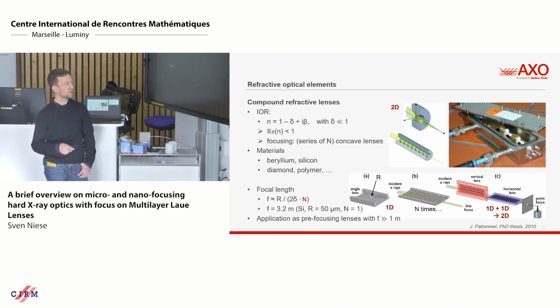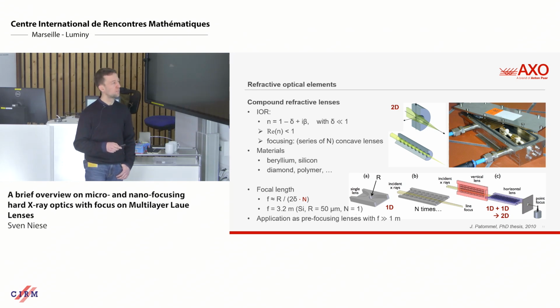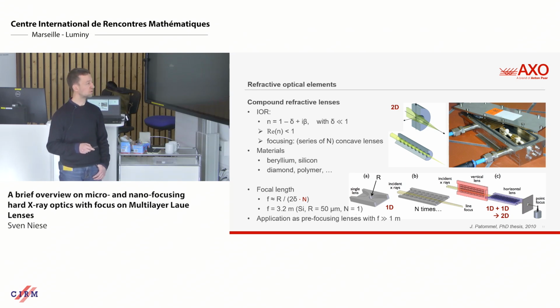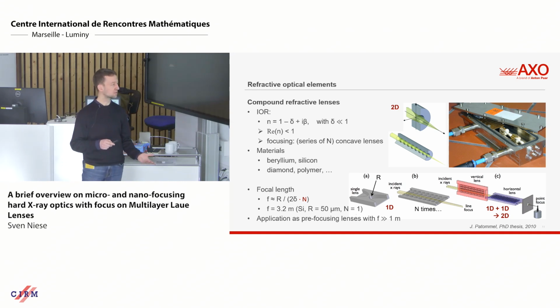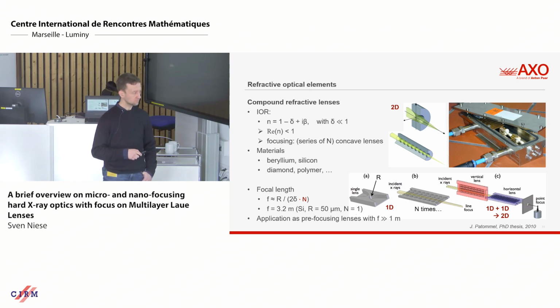In the end, you can produce those in 2D, so that you get the vertical and the horizontal focusing at once, but you are then somehow limited in the minimum radius of curvature that you can achieve, which is particularly of interest for nano-focusing optics. If you want to go to nano-focusing, you may want to produce a set of two 1D focusing optics, put them in series again, and then you may get something like an 80 nanometer focus.